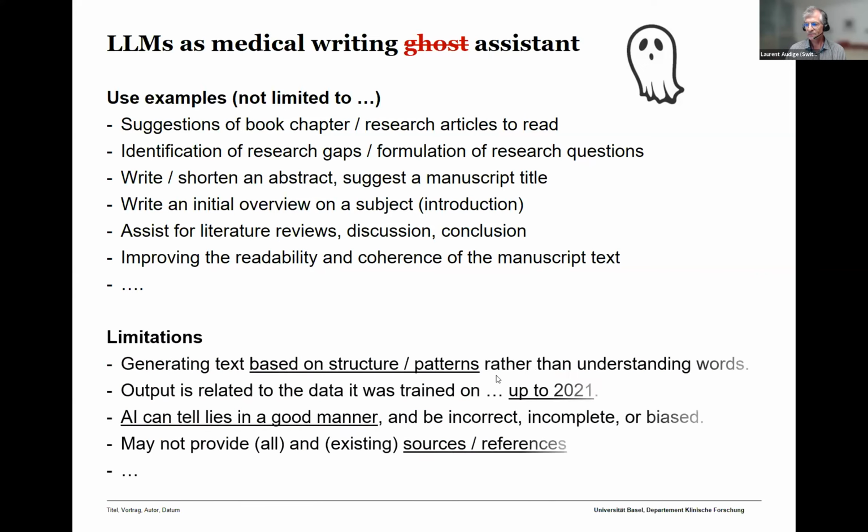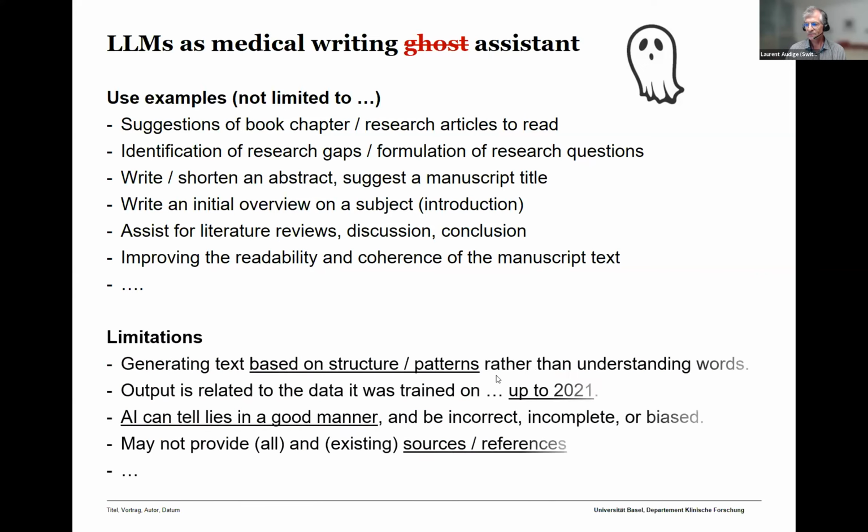Now, Greg mentioned some of the limitations of this technology. It is based on structure and patterns. So basically, according to what you ask and the wording being proposed, ChatGPT is going to guess what the next word to be presented is. So it's more based on structure and pattern than on the actual understanding of words as we do as humans.